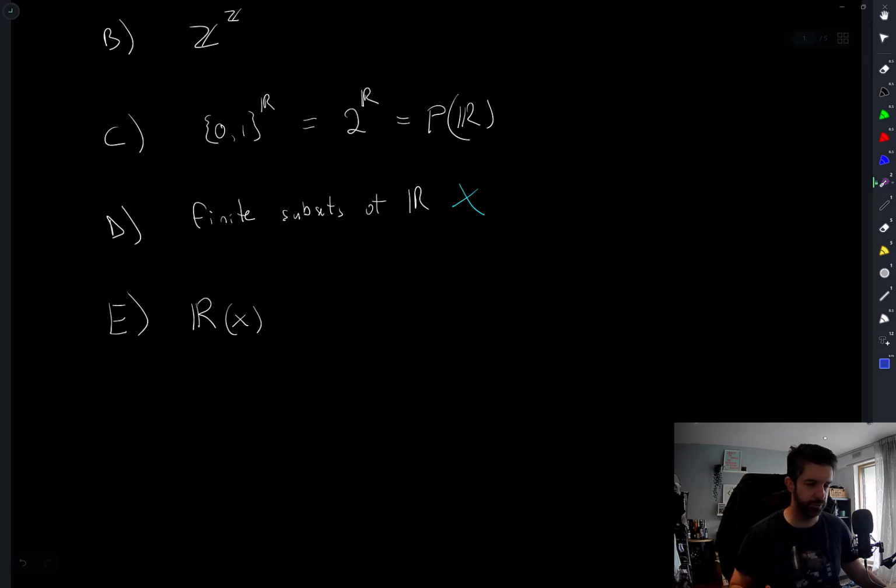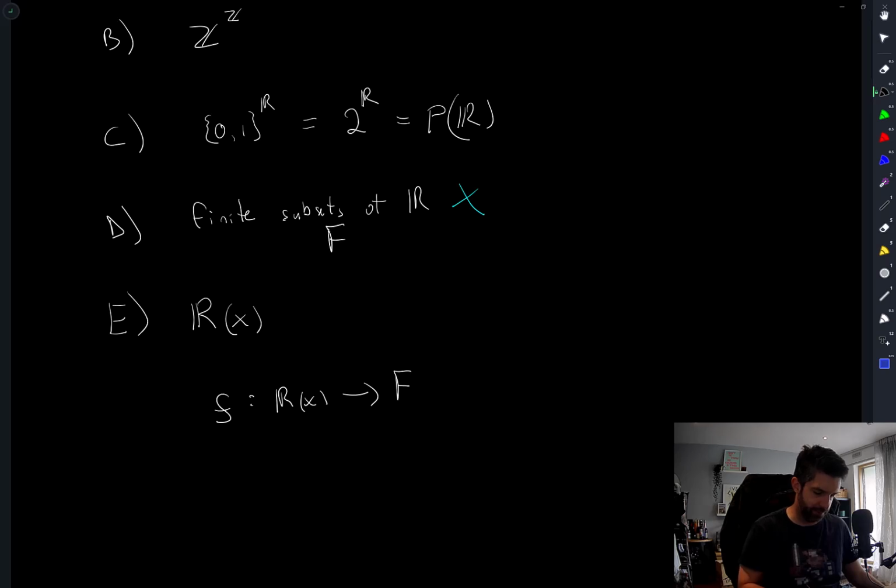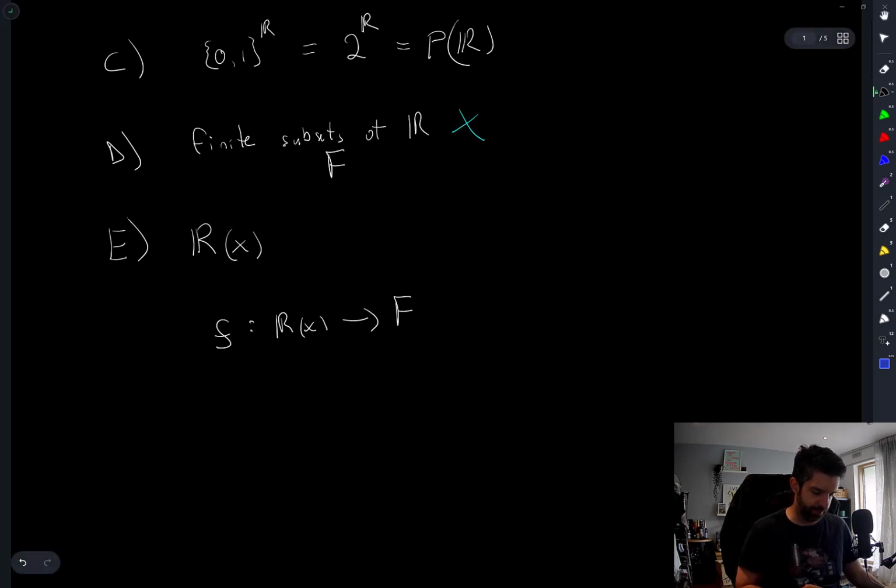If I take f, which maps a polynomial into a finite subset, the way you naturally do it, just take the coefficients and throw them into a set, that'll be a finite subset of R. F is surjective.